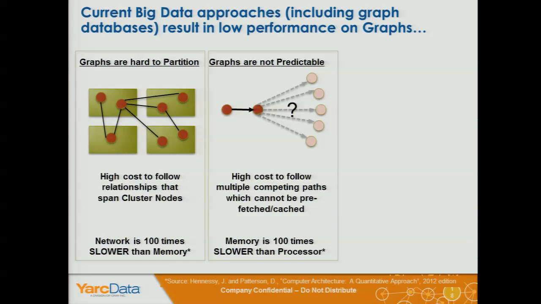Basically, graph-based data is difficult to partition. There's a question about that earlier, but if your graph spans all of the nodes and is relatively dense, you end up hitting high communication costs jumping around. So that strains the network. Graphs are not predictable. They're basically not predictable to a memory controller.